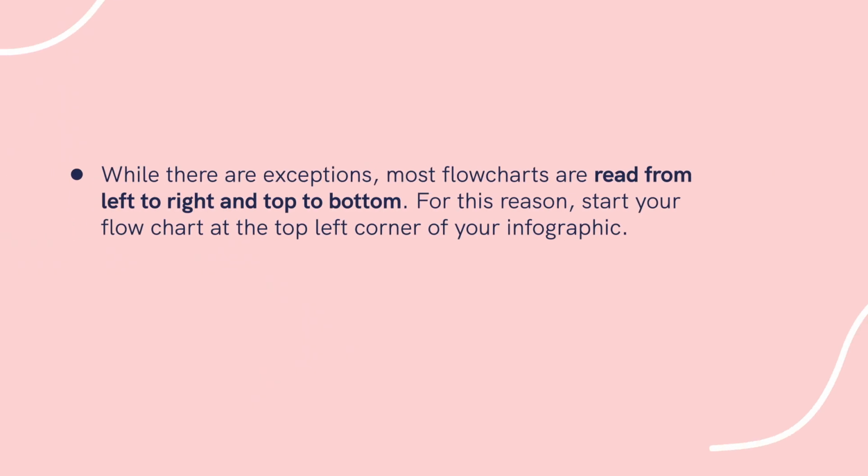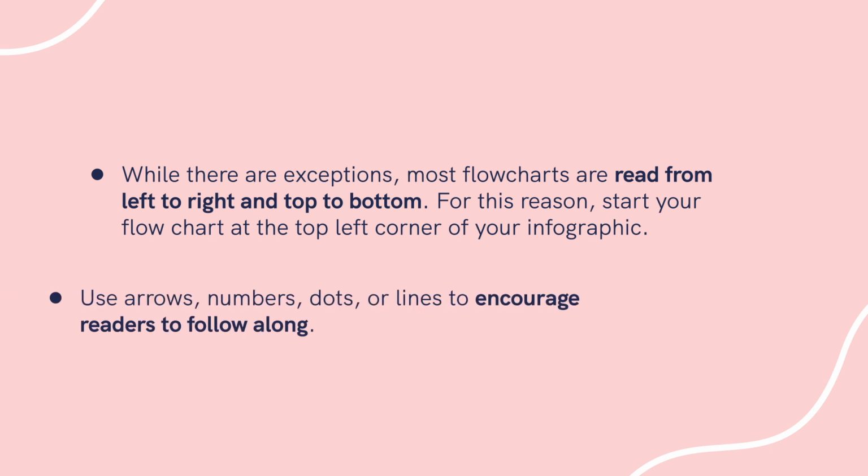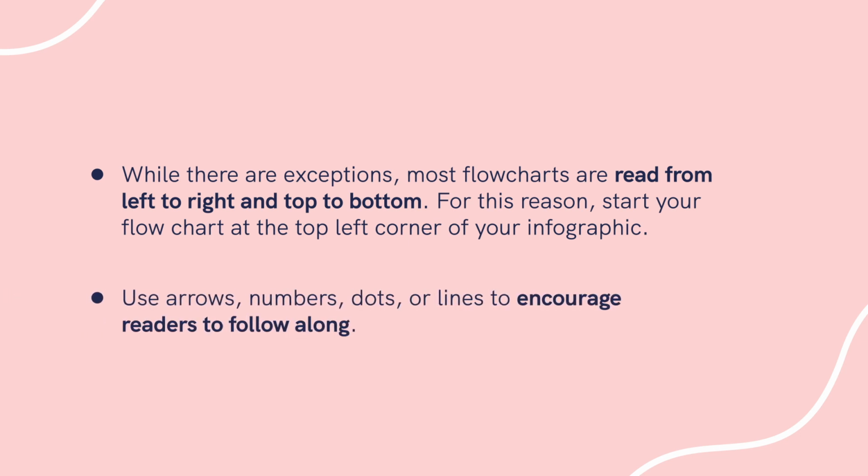Here are some ways to make your flowchart infographic more engaging and easy to understand. While there are exceptions, most flowcharts are read from left to right and top to bottom. For this reason, start your flowchart at the top left corner of your infographic. Use arrows, numbers, dots, or lines to encourage readers to follow along.